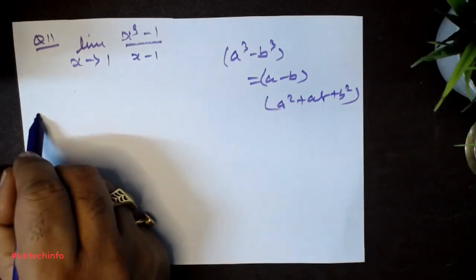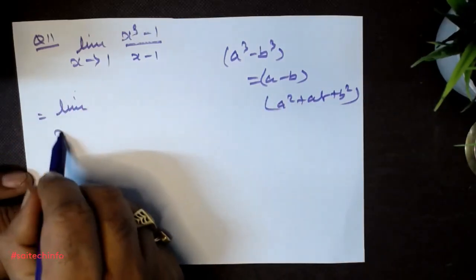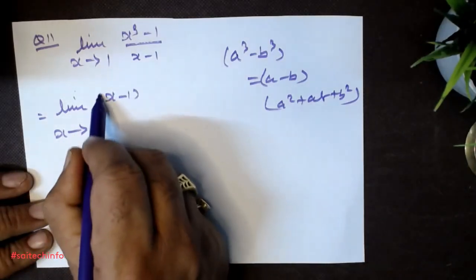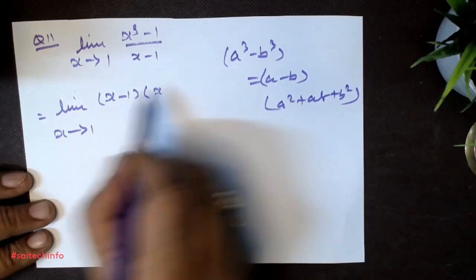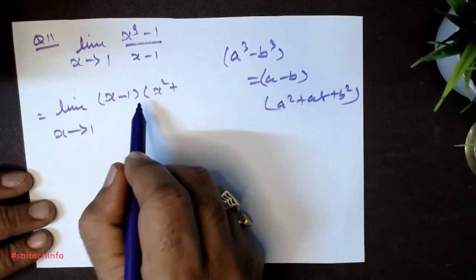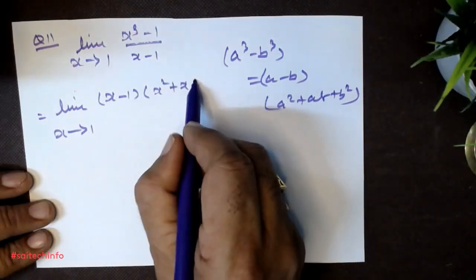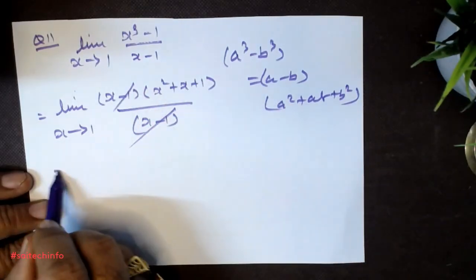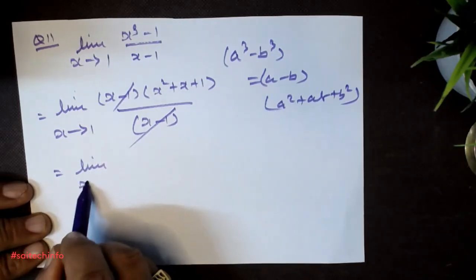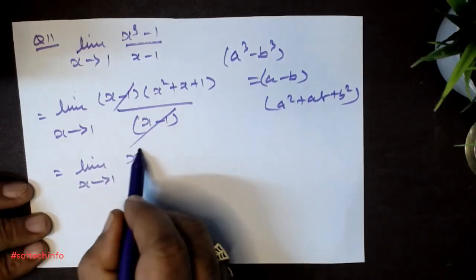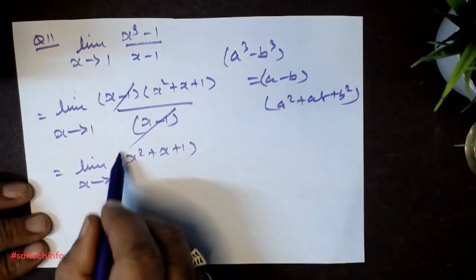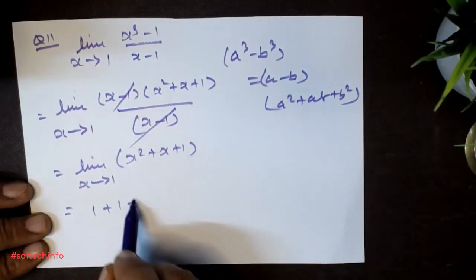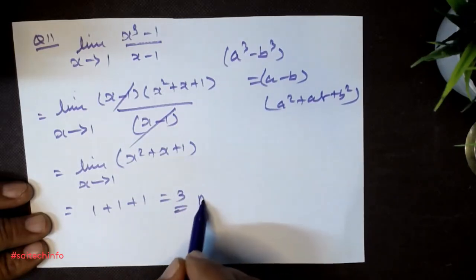So in that case, limit x approaches 1 of x minus 1 into x squared plus x plus 1, whole divided by x minus 1. This can be cancelled. Therefore limit x tends to 1 of x squared plus x plus 1. So 1 plus 1 plus 1, the answer is 3, right?